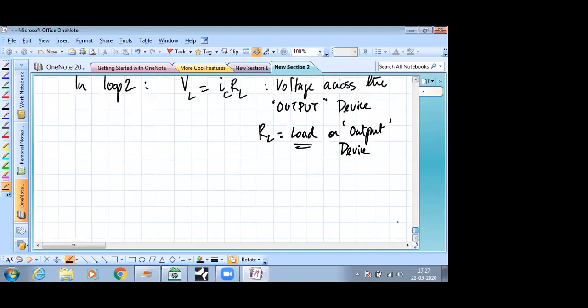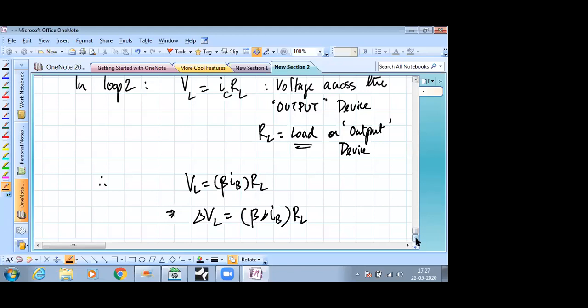So this voltage will become IC, which was beta times IB times RL. So the change in VL at any point of time will be equal to beta times change in IB times RL. Because beta is a constant. Okay.